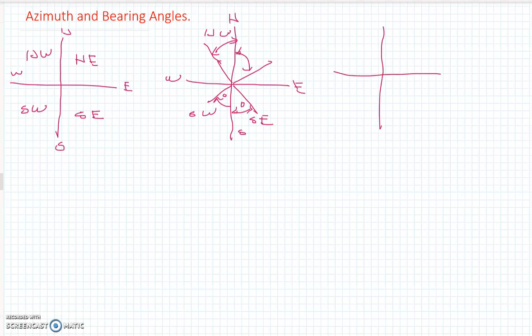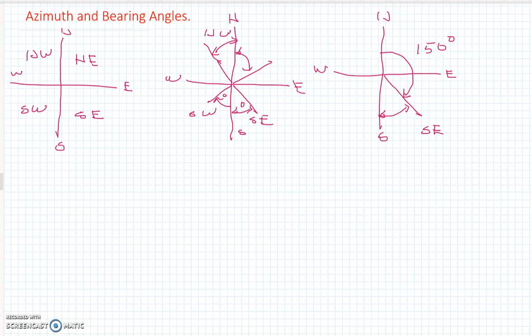So I'm going to give you some examples of this. You have your cardinal axis, and they give you this angle all the way around, 150, and they ask for your bearing. So what will be your bearing here? The first letter? South. And the second? East. Southeast. How do you find this?